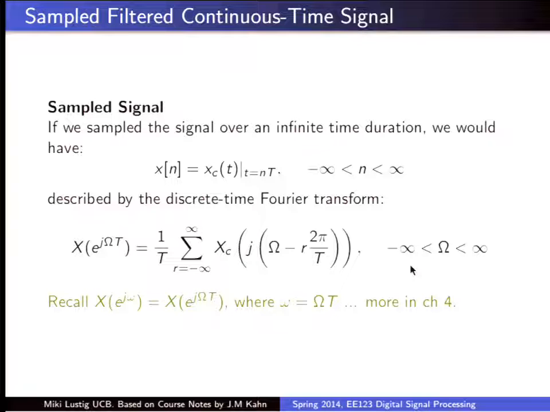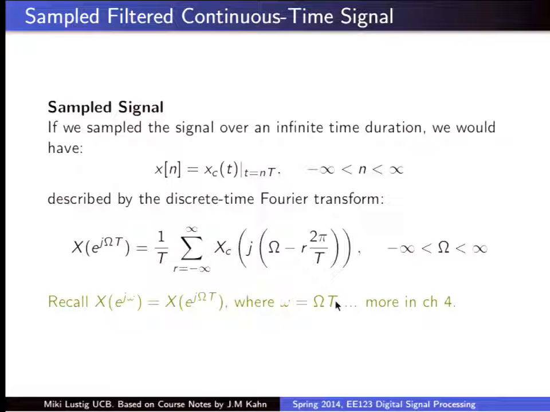We're going to get to this when we talk about sampling. But now, once things are discrete, you've got a periodic signal that has a Fourier transform, the DTFT, the discrete time Fourier transform, that has some relationship to the continuous time Fourier transform, where omega equals capital omega times T. More in chapter 4 on this.